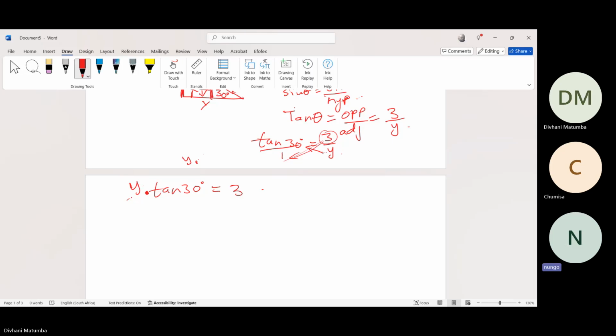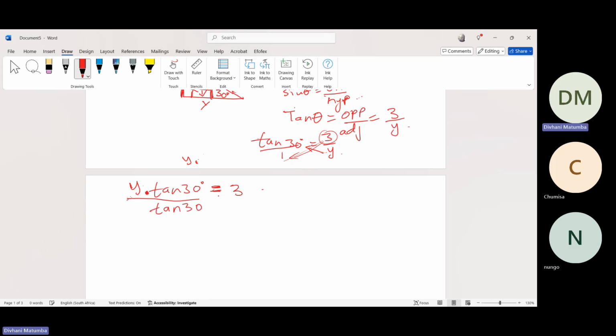I think maybe we should. It's either we transpose the tan 30 or we divide by tan 30. Okay.